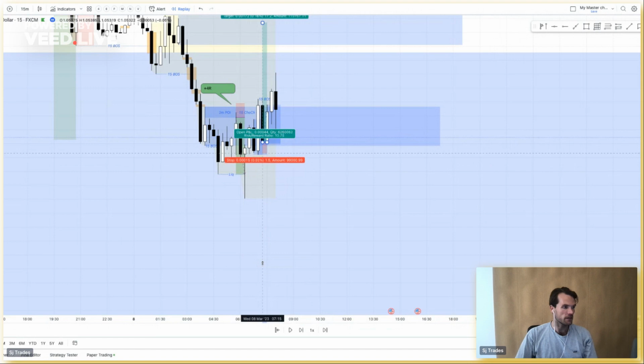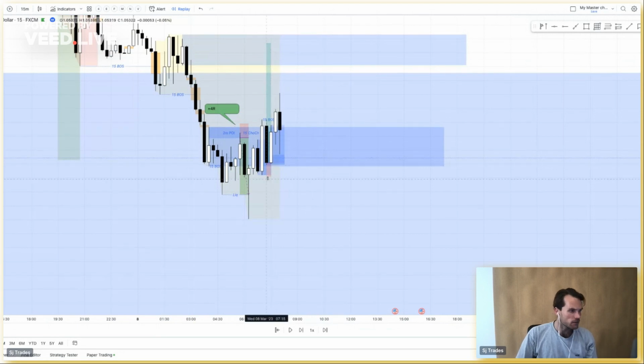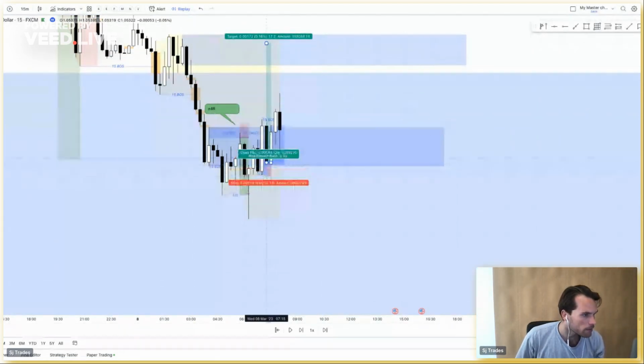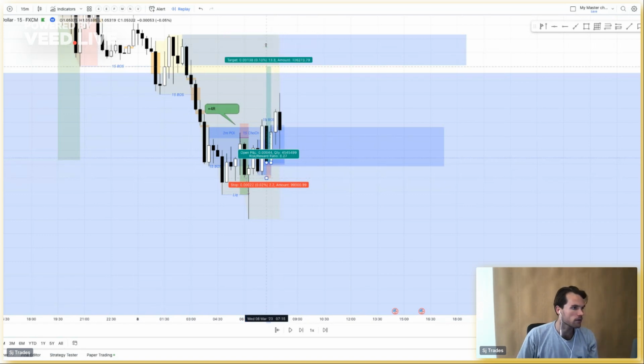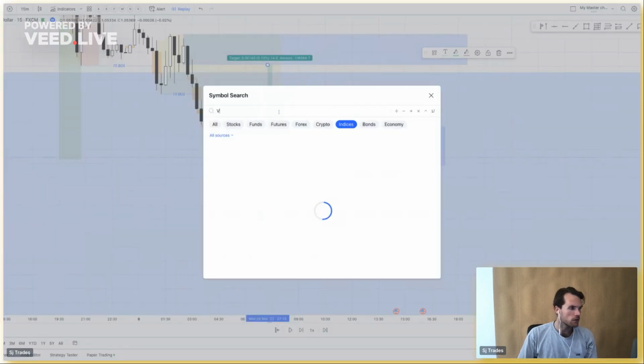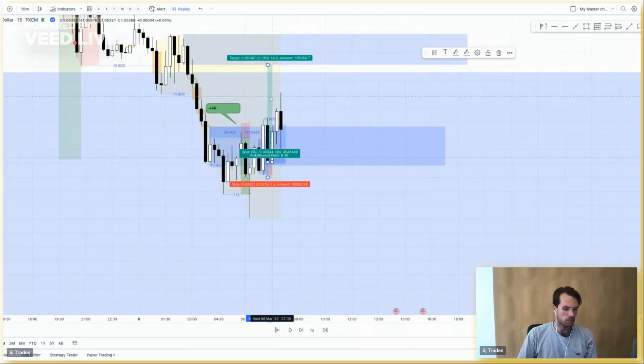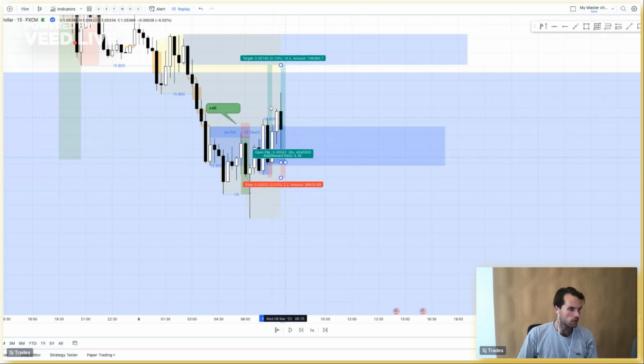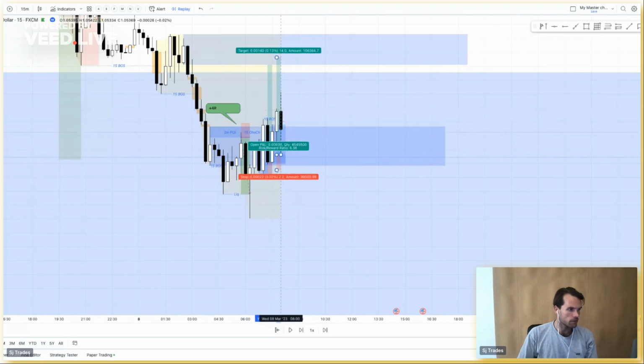We've got choch, but we still haven't broken structure, like downwards external structure. So is that right? I'm guessing it probably didn't get there.